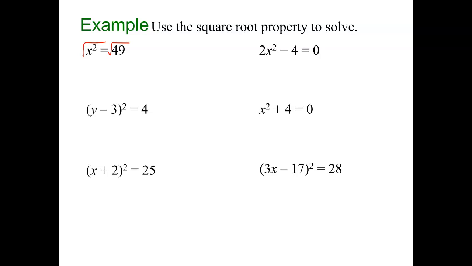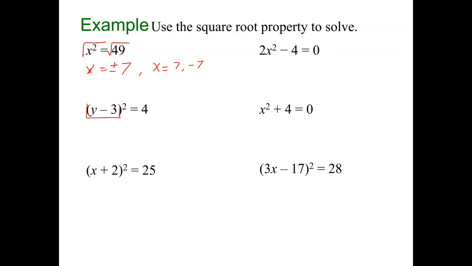The square root of 49 is positive and negative 7, or you can write it separately as 7 and negative 7. Either way is fine, depending on your solution.